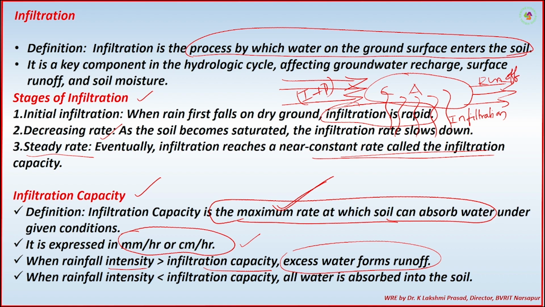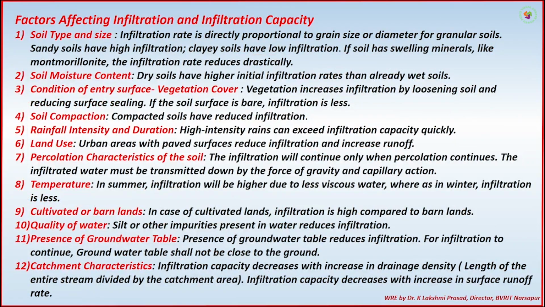So if the rainfall intensity is less compared to the infiltration capacity, the entire water infiltrates into the ground surface. The entire water is absorbed by the soil. In such a case, the runoff is zero, that is, runoff is equal to 0. So this is the basic beginning that you need to understand.